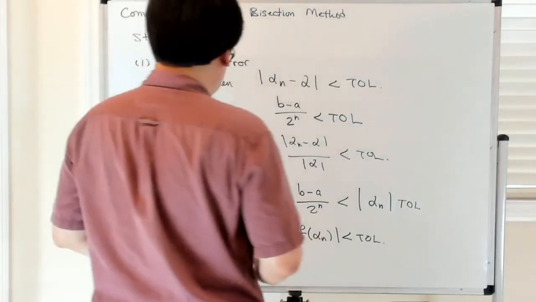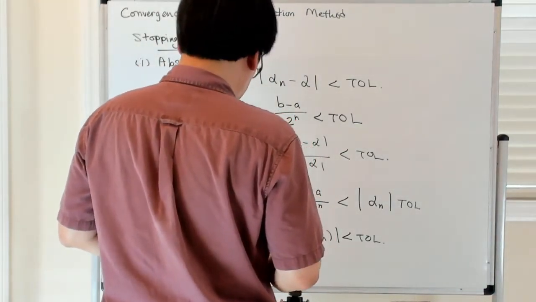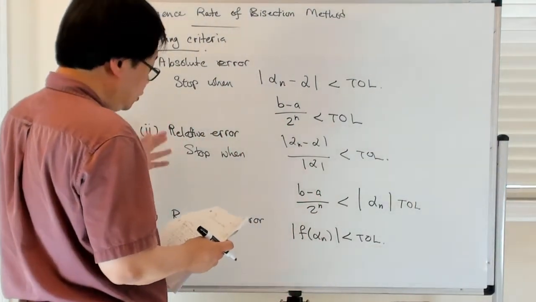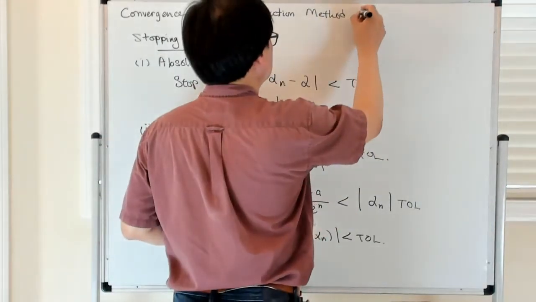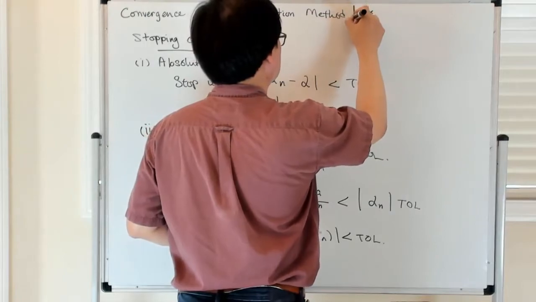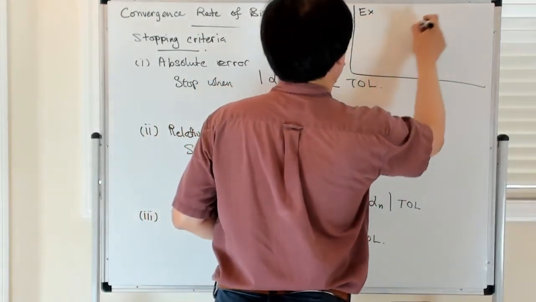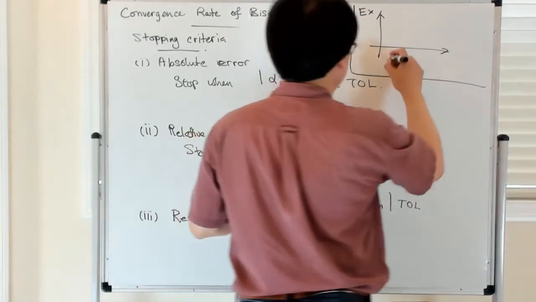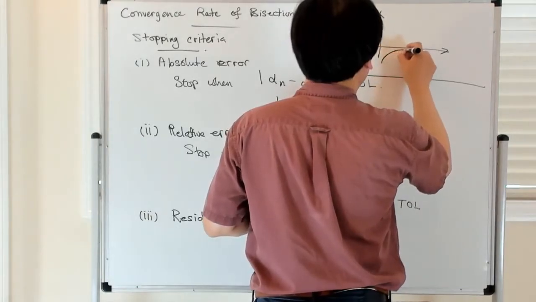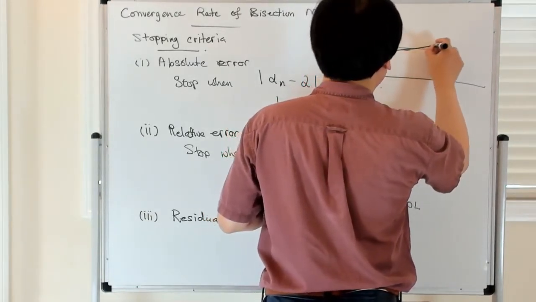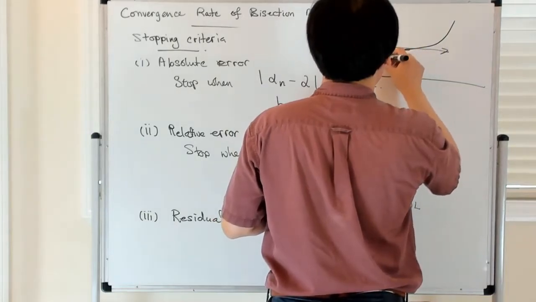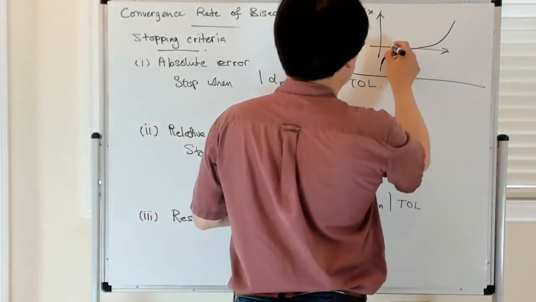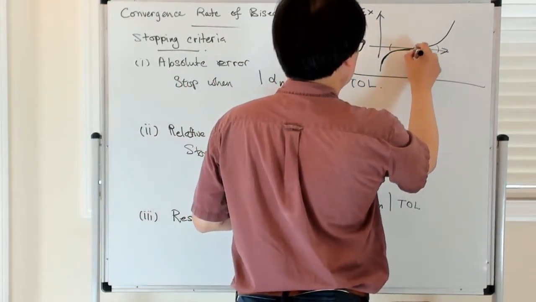So let me give you an indication of where these various methods are good or not so good. Let me give you an example. Say you have this kind of function, where the value of the function is very small for a very long interval, and then alpha is the root.